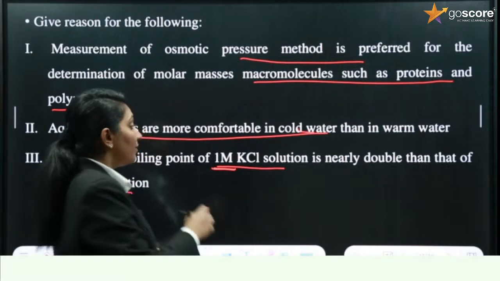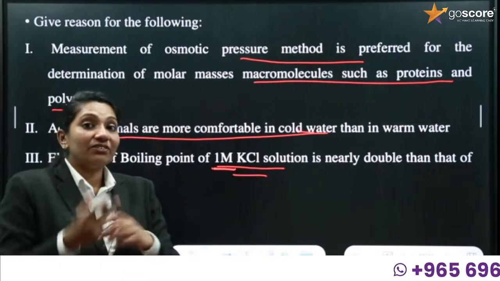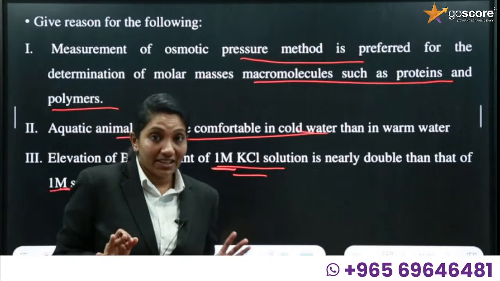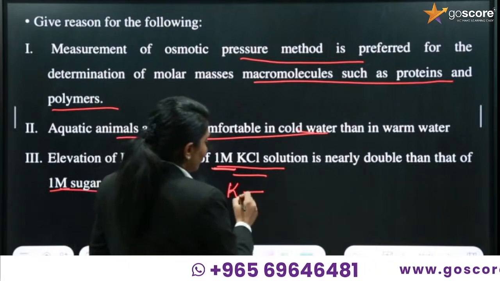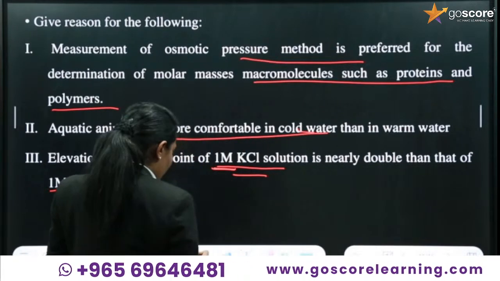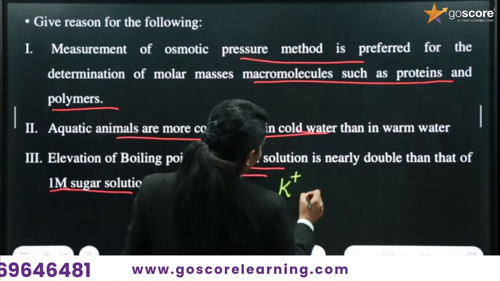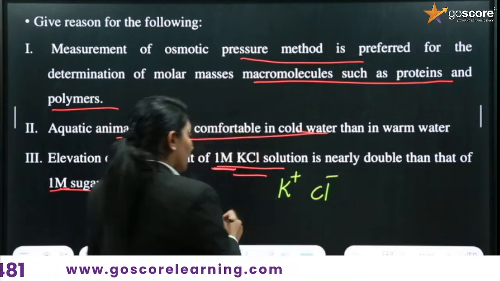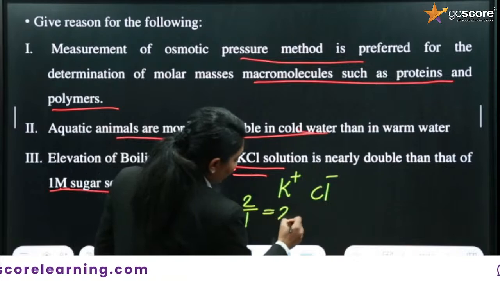But KCl is an electrolyte. It will undergo dissociation, giving 2 moles of K plus and Cl minus. So there the i value will be 2 by 1, that is equal to 2.